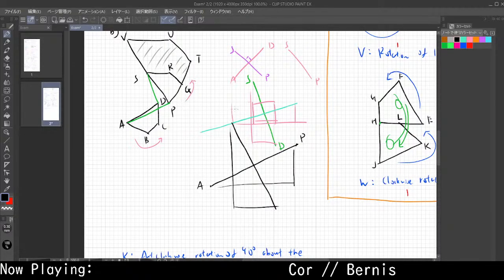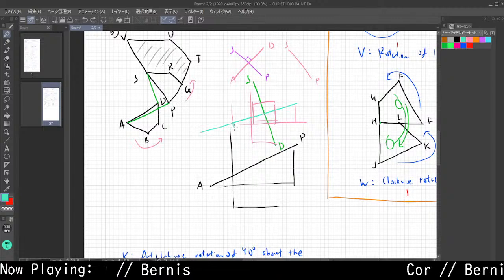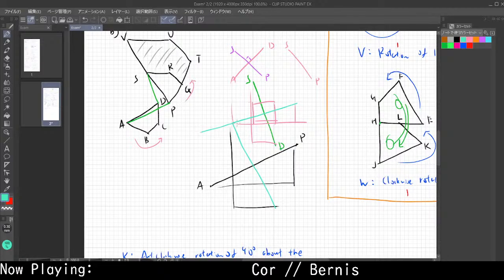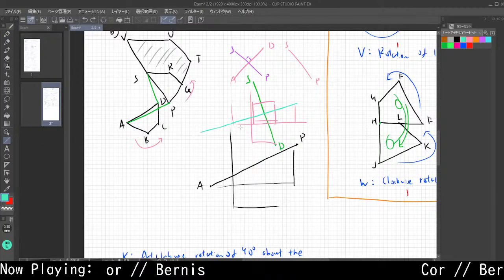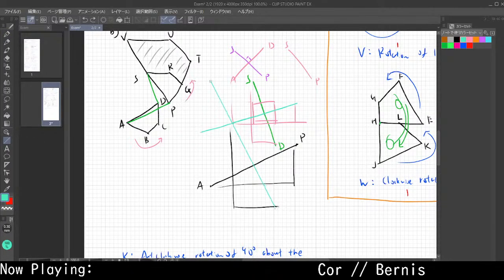Okay, then you can see that these two perpendicular bisectors, I draw it in the same color, they actually intersect at a certain point. Extend it a little bit. Let me just use the line tool. Yeah, so you should be able to get something like this.